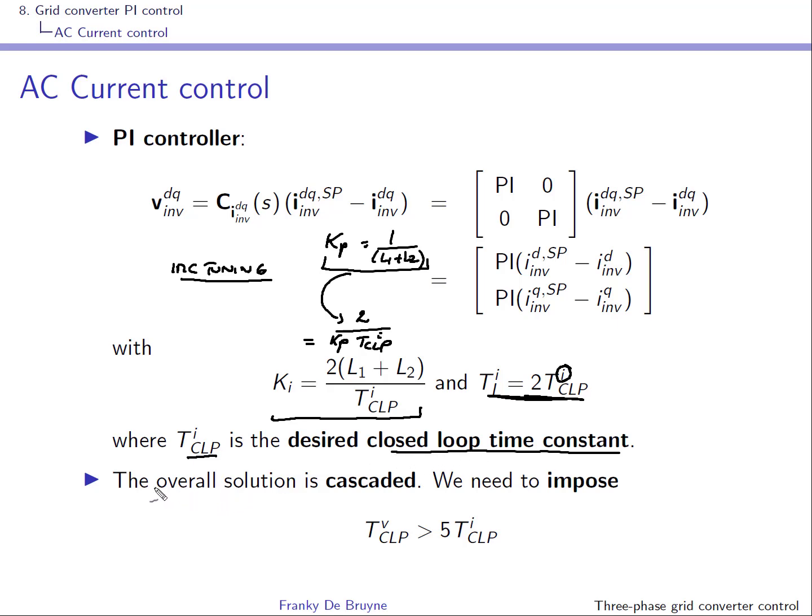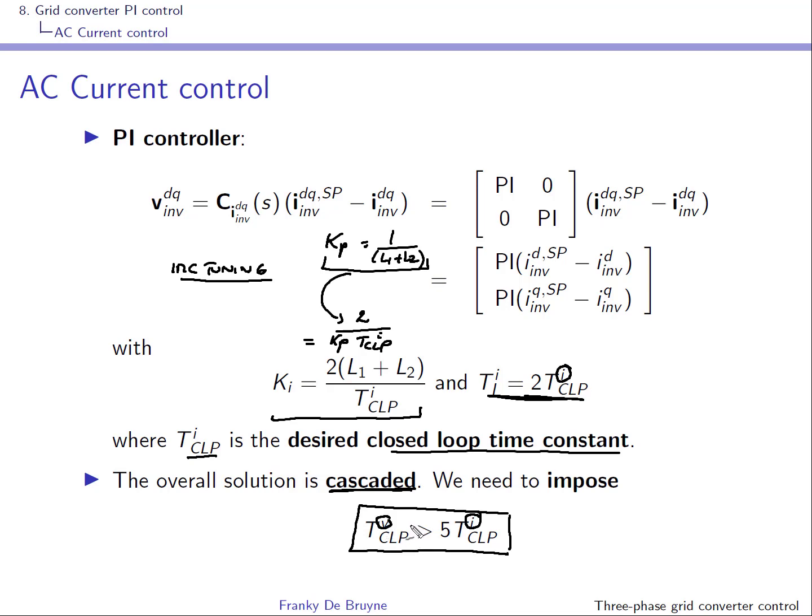But don't forget that we have a cascaded solution. The inner loop, the current loop, should be faster than the outer loop, which is the voltage loop. So we need to impose a condition on the two desired closed loop time constants, the one for the current and the one for the voltage.